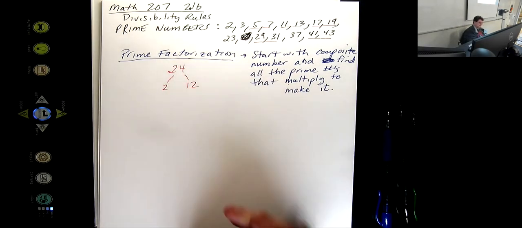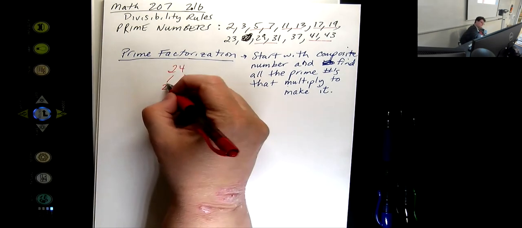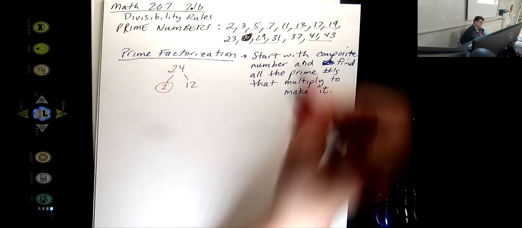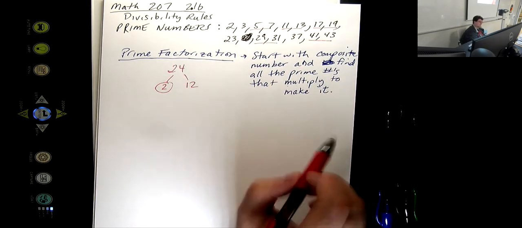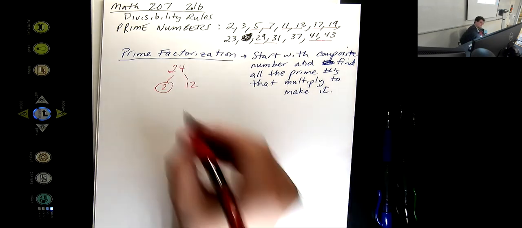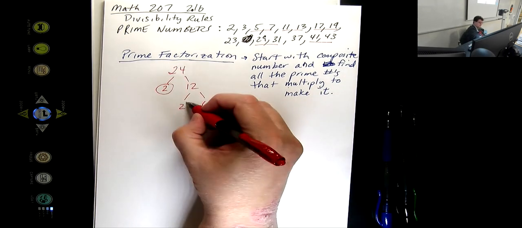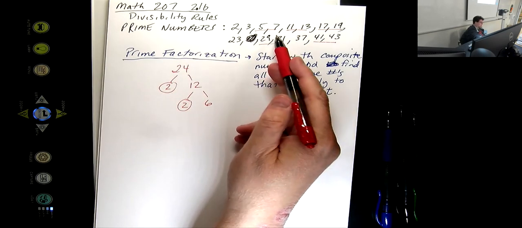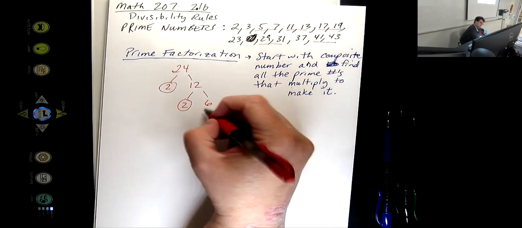I'm going to make this little tree. 2 is a prime number. That's over here. 12 isn't on that list, which means 12 can be broken down itself. 2 and 6. 2 is a prime number. 6 again is not on the prime number list, but that one we're getting kind of easy. 2 and 3.